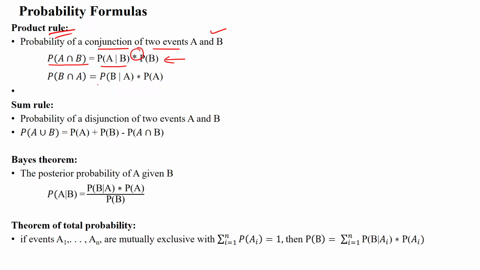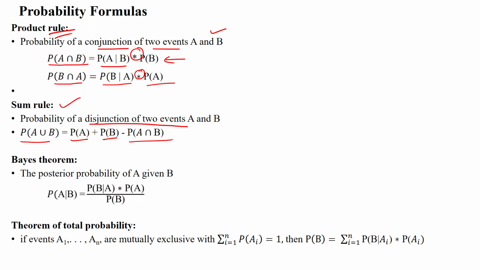Similarly, probability of B intersection A equals probability of B given A multiplied with probability of A. The sum rule is the disjunction of two events, that is probability of A union B, which is probability of A plus probability of B minus probability of A intersection B. So this is the union.